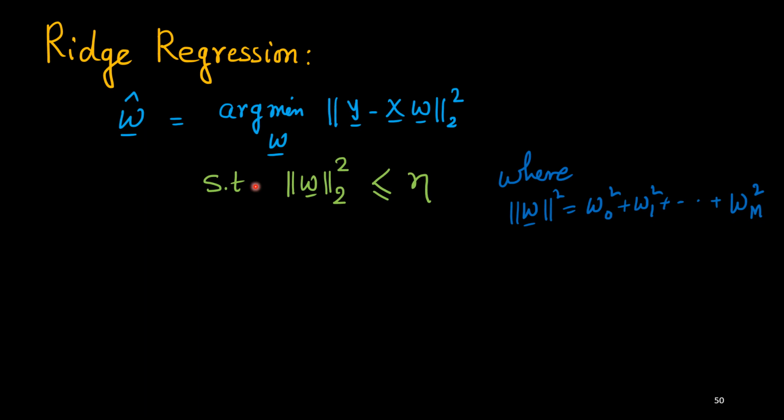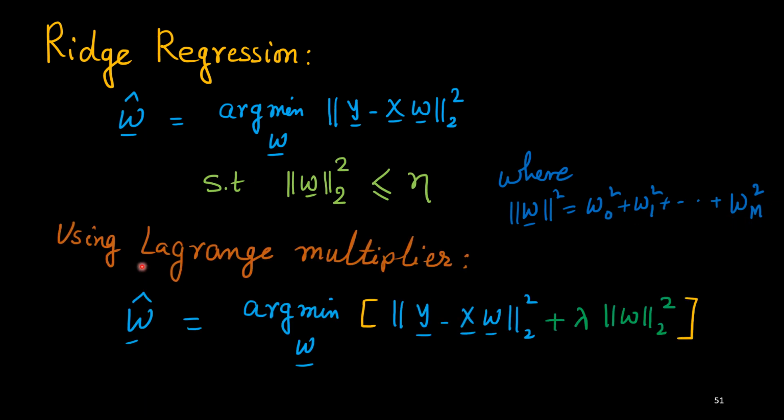Okay, so this is one constrained optimization problem, right? The same problem we can consider in a different way. Using a Lagrange multiplier, we can include these things. We can add one penalty, lambda times the norm2 square of w. Remember, this is a vector.